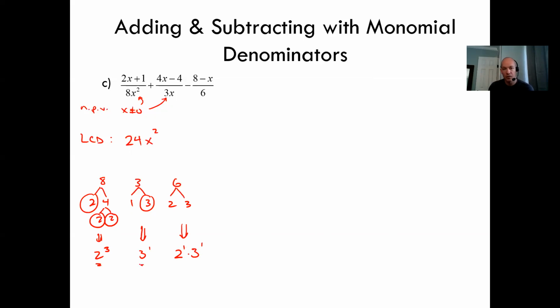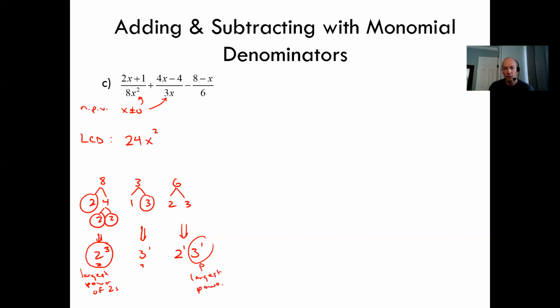So we've got 2's and 3's, and you find which one has the biggest power. This is the largest power of 2's. And then this one or this one, doesn't really matter, this is the largest power of 3's.